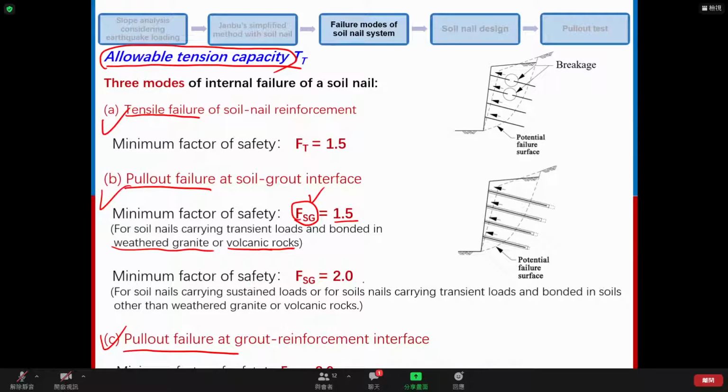If the soil nail is bonded in soil rather than rock, the stiffness will be lower, the strength of the soil will be lower, right? So we will have a higher factor of safety, equal to 2.0.